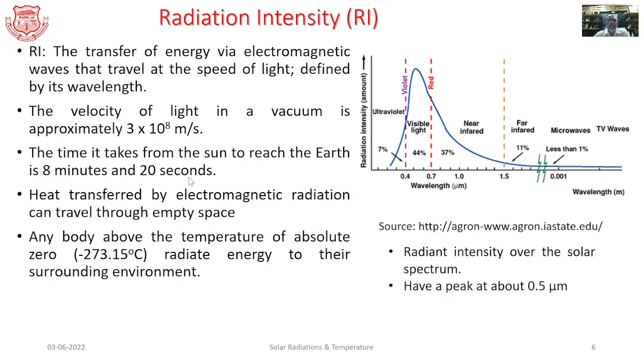These solar radiations take about 8 minutes 20 seconds to reach the Earth's surface, and they will be radiating an amount of energy, which can be considered in terms of radiation intensity expressed in relation with the wavelength of the electromagnetic wave.